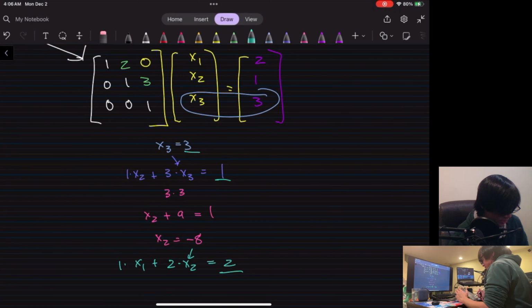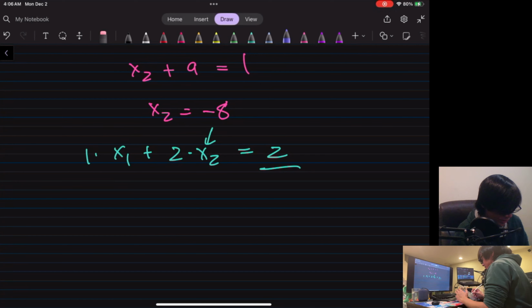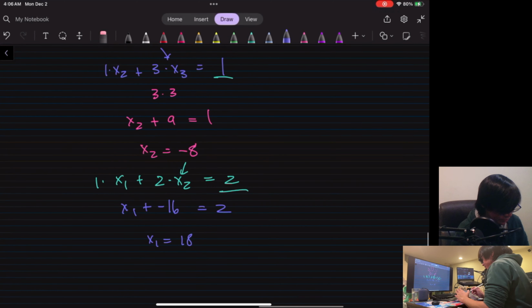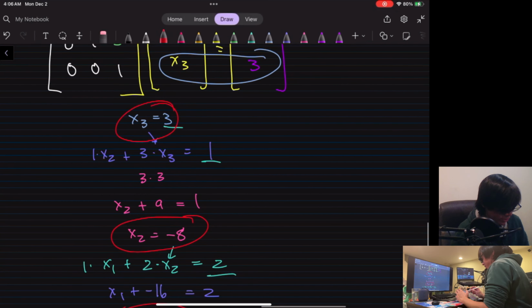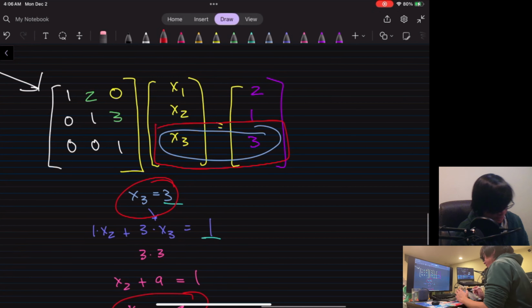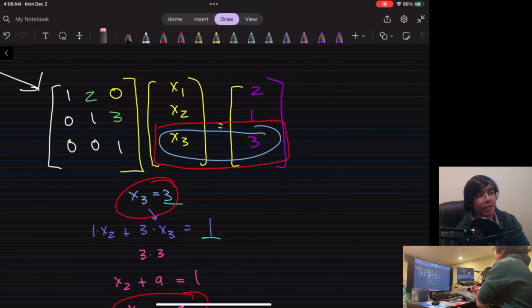And then x1 plus 2 x2 is equal to 2, okay. And if that's negative 8, this is negative 16, so add 16, x1 is 2 plus 16, which is 18. So it's pretty easy now that we have all our values. When we know this bottom row, we have that simple equivalency, if you will.